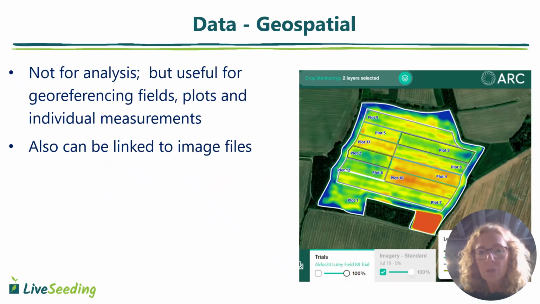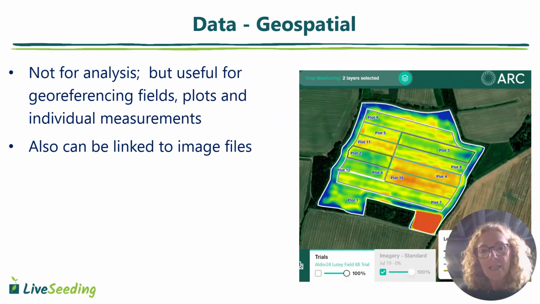Now more and more, we're also collecting data that's what we call geospatial data in field trials. So this is like georeferenced, that links a piece of information, piece of data with a specific location. Not always used for analysis, but as we have in the bullet points here, useful for georeference in fields, plots, and individual measurements.